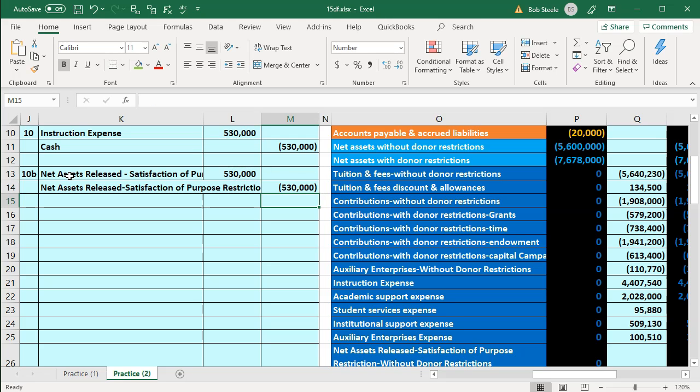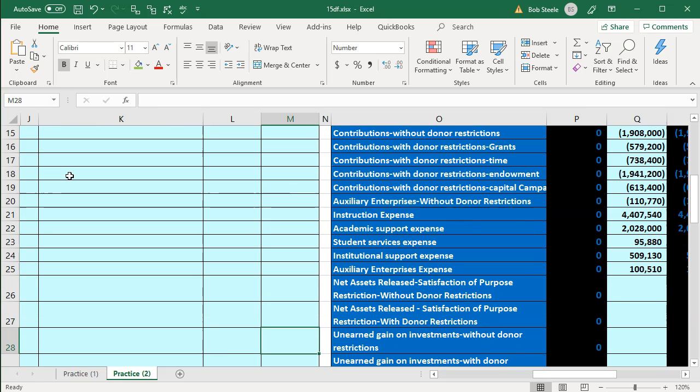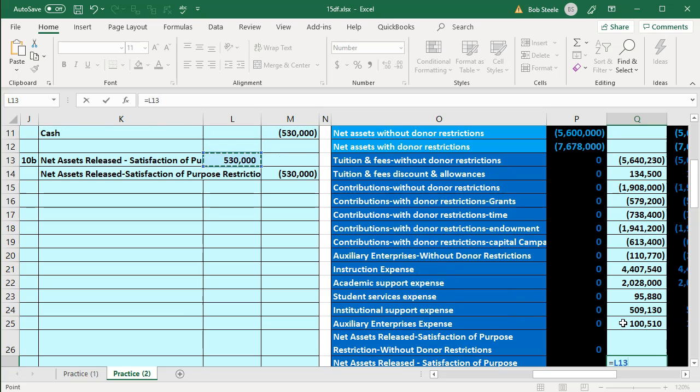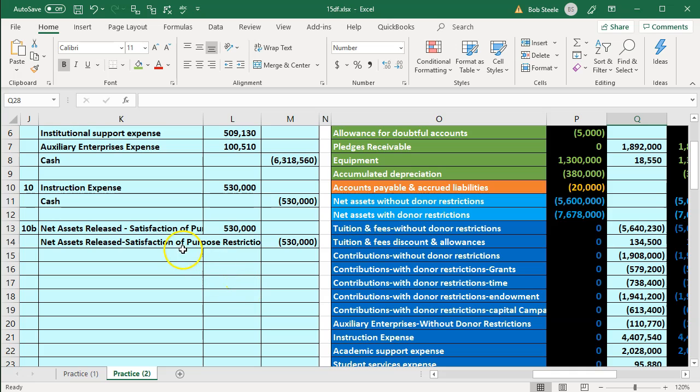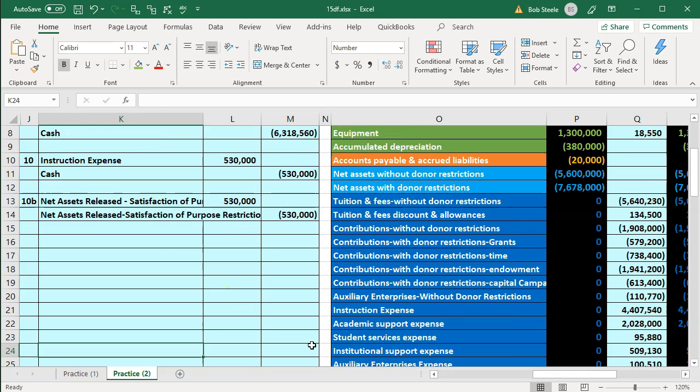Okay, so let's record this one out. And the first one, remember that the debit is going to the one with restrictions because it's going down. So that's going to be this one, in cell Q27. Within Q27, we're going to say equals, and then scroll back up to the debit of the 530,000. And then the second one, the one without restrictions, is going to be the credit.